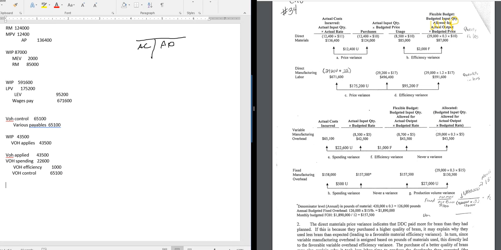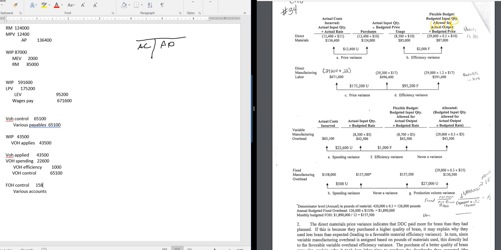Okay, I'm going to do the same thing with my fixed manufacturing overhead. I'm going to do the actual first, so I debit fixed overhead control, and I'm going to credit various accounts. That could be wages payable for the supervisor's salary, it could be real estate taxes payable, it could be accumulated depreciation, whatever in the heck I'm paying.